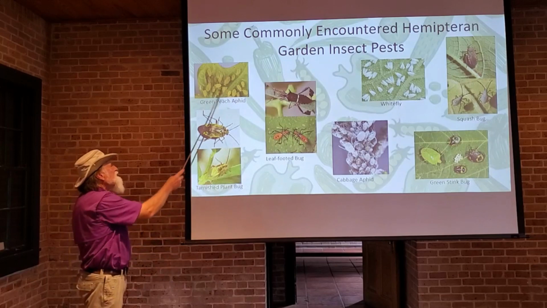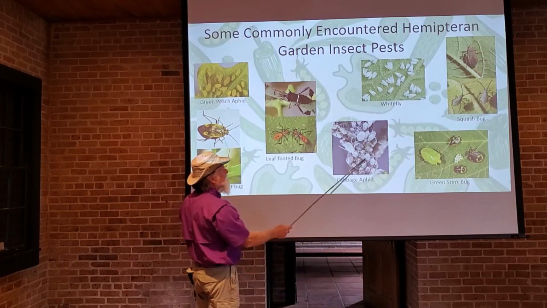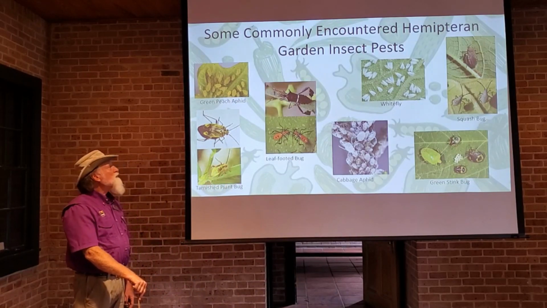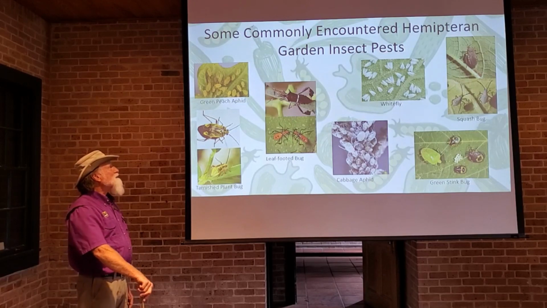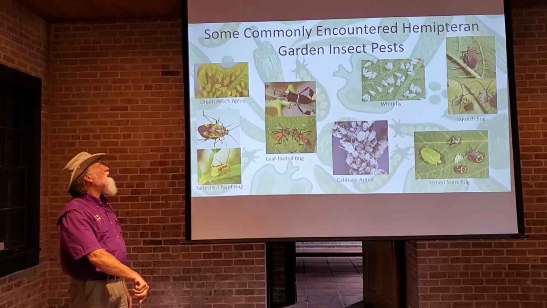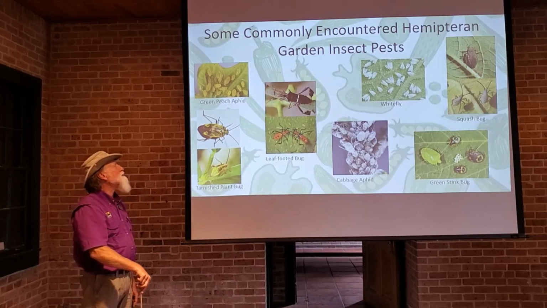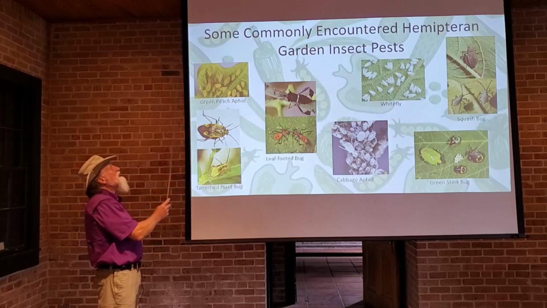And aphids, we have the green peach aphid here, we have cabbage aphids here. Usually you'll see these without their wings in the larval form, nymph form, or as wingless adults, but they do have wings at one stage during their life, and they fit into the hemipteran category.